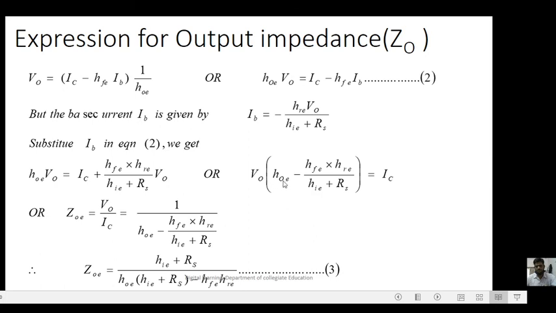So V0 into HOE minus HFE HRE divided by HIE plus RS equals IC. Or Z0 equals V0 divided by IC, which is 1 divided by HOE minus HFE HRE divided by HIE plus RS. Therefore, Z0 is equal to HIE plus RS divided by HOE into HIE plus RS minus HFE into HRE. This is the output impedance of the CE hybrid equivalent circuit of a CE amplifier. This is equation number 3, which is the required equation.